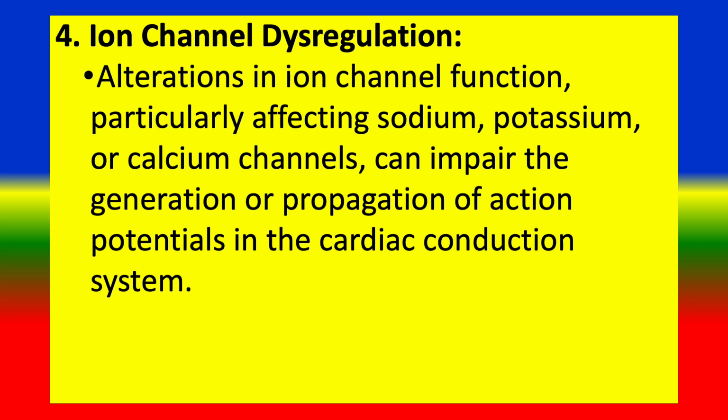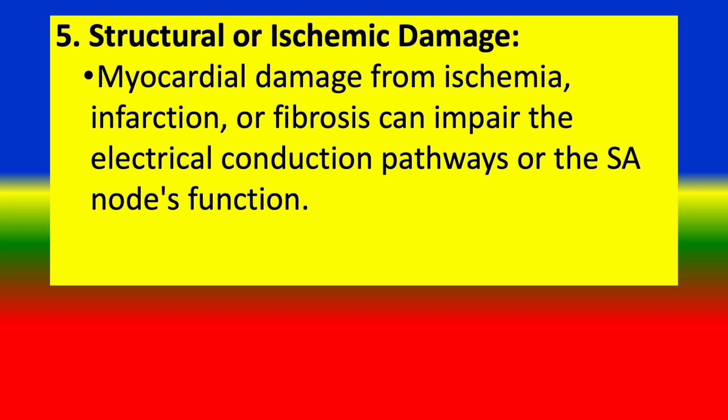4. Ion channel dysregulation. Alterations in ion channel function, particularly affecting sodium, potassium, or calcium channels, can impair the generation or propagation of action potentials in the cardiac conduction system. 5.